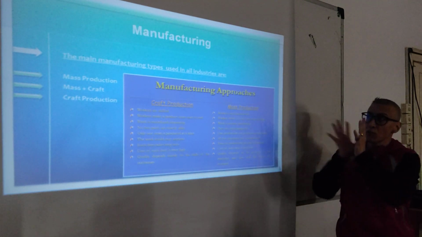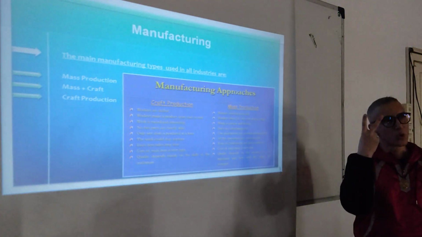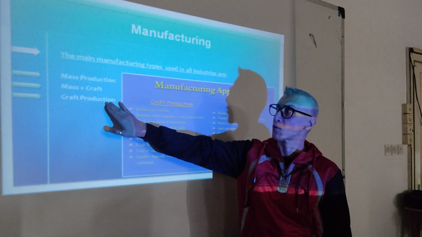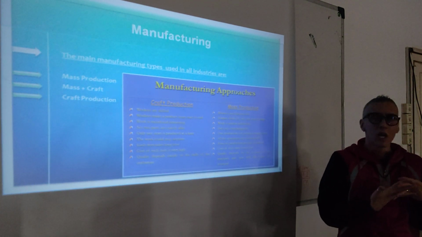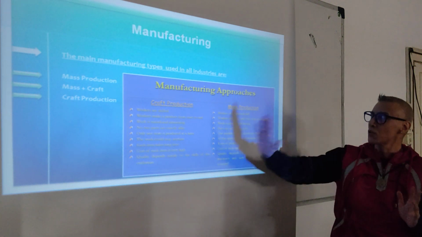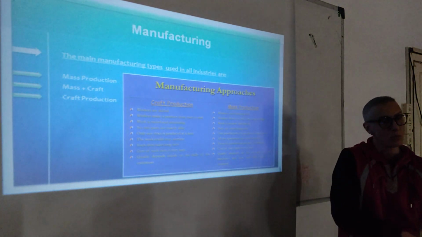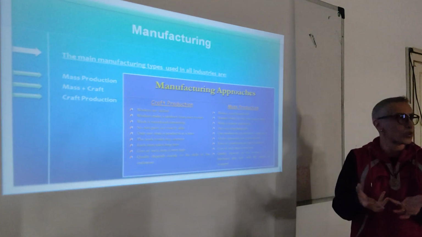Now, about manufacturing, we need to understand there are basically two major types: mass production and craft production, and there is also a mix between the two. We need to understand the difference between craft production and mass production and how it affects the final design, the final product.